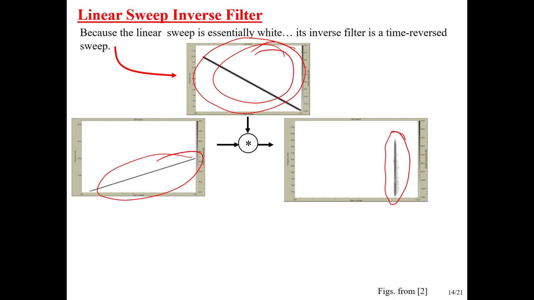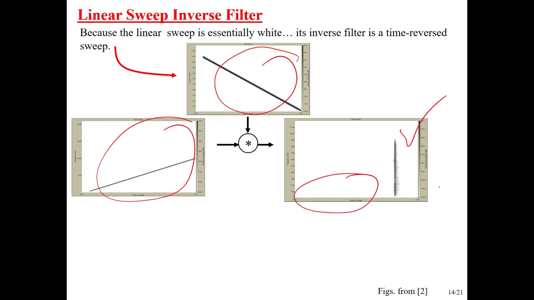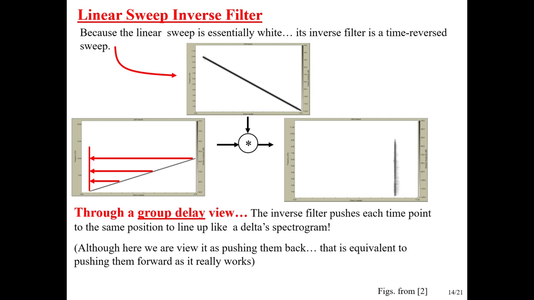So think back to when we talked about group delays and phase delays. That's the idea we're talking about here. And so when you convolve this with this, you end up getting a delta function. What does a delta function look like? It's zero, and then everything happens at that time. And it fills all frequencies. So that makes sense, right? There it is. So we get there through a group delay view.